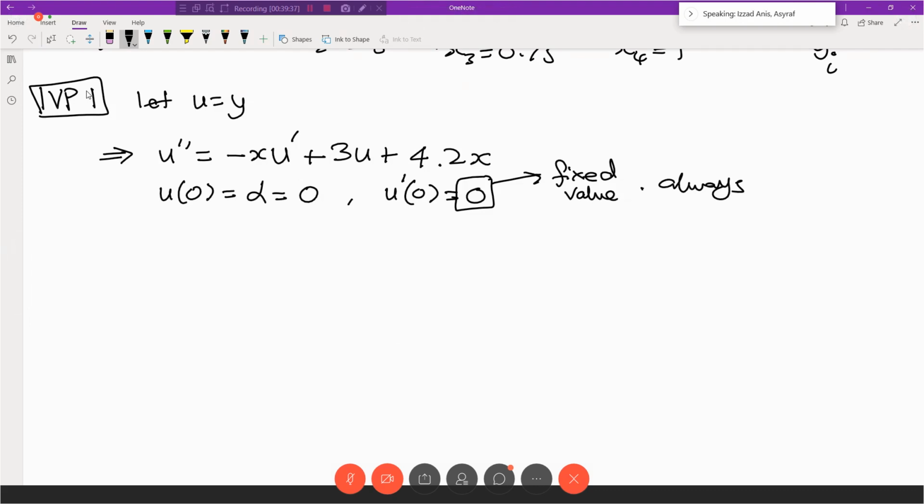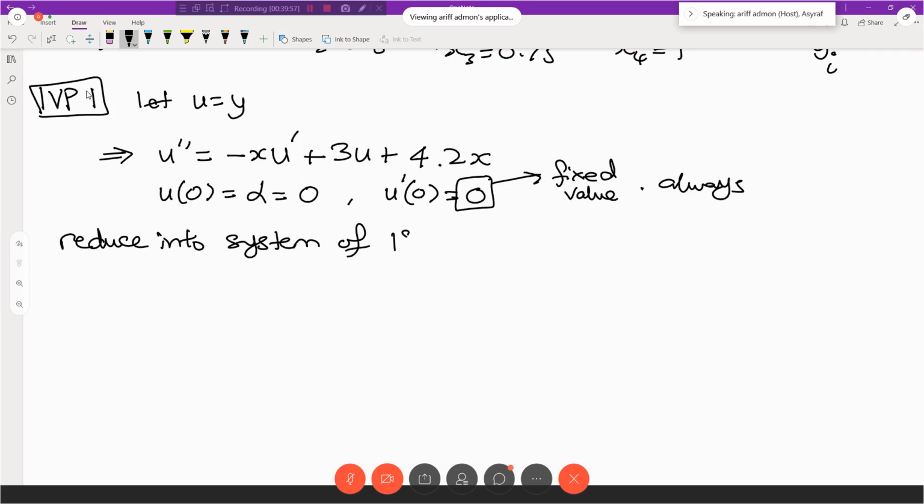Okay, now we solve this IVP1 first. When we want to solve, we reduce into a system of first order.